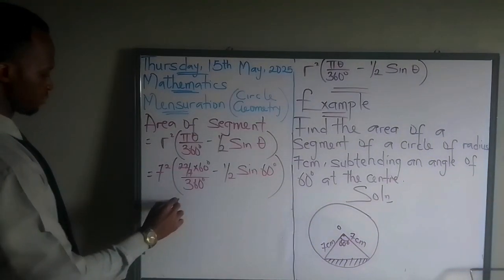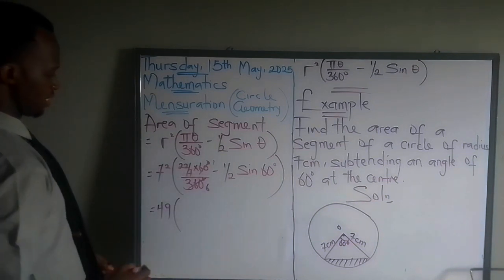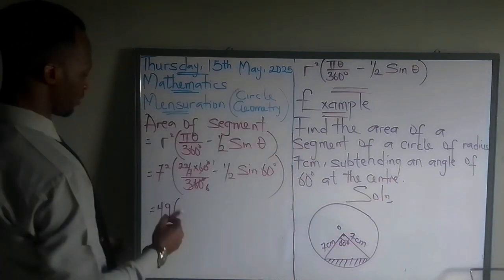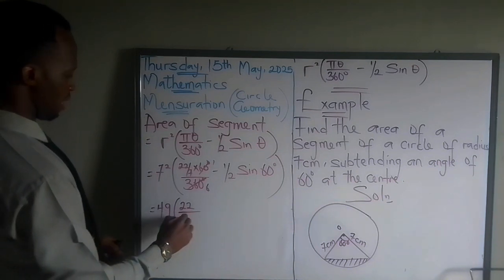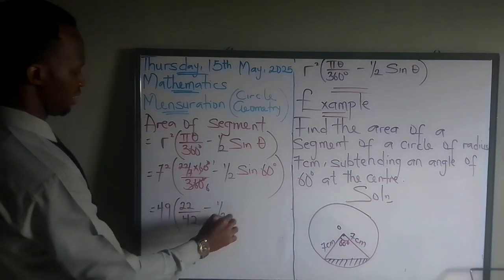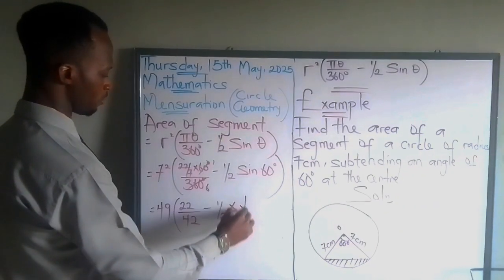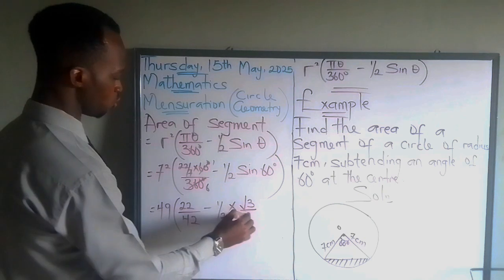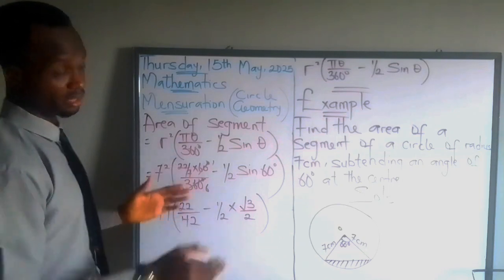This is 49. Okay, 60 here is 1. 60 here is 6. So we have, like we solved the other time, 22 divided by 42, minus half. Now sine 60, going by special angle, is root 3 over 2. I want to make sure that I solve in fractions.